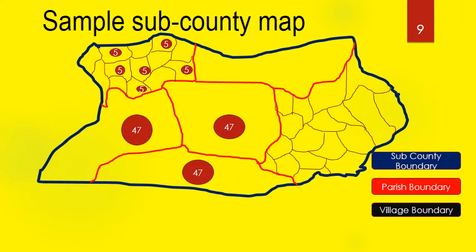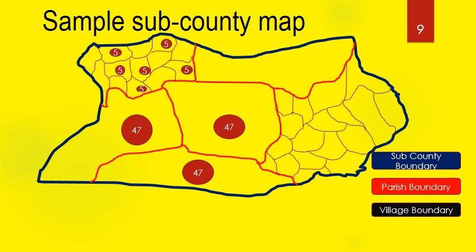It means if we were to consider a parish as a strata, in this particular sub-county the parishes are 6. So we take the 286 sample size of households and divide by 6 parishes. It will give you 47, literally meaning you will pick 47 households from each parish for data collection.